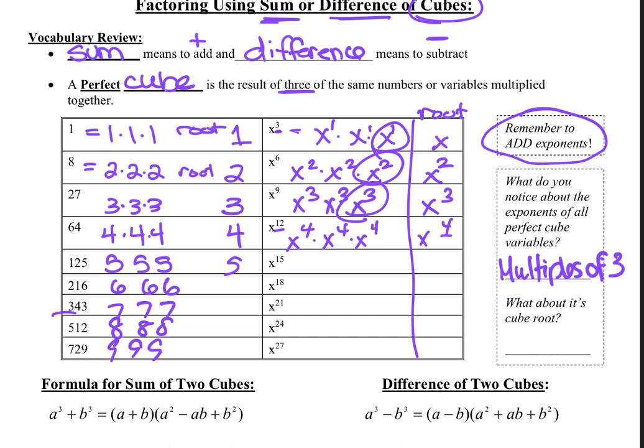What is the cube root, you think, of x to the 15th? Well, it's x to the 5th. We do that by dividing the exponent by 3. They're always multiples of 3, so if we divide by 3, you're going to get the one piece that we need. So this would be x to the 6th, this is x to the 7th, x to the 8th, and x to the 9th.